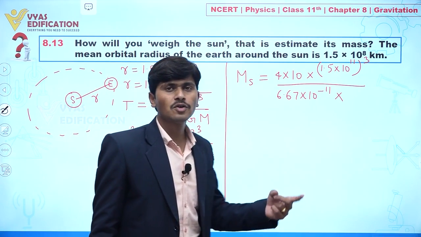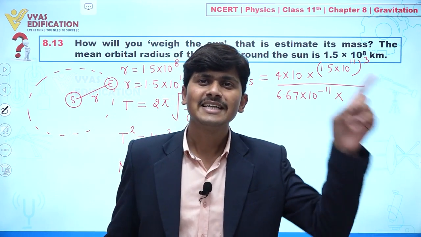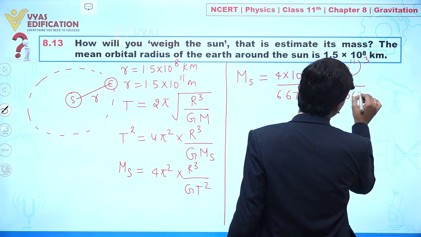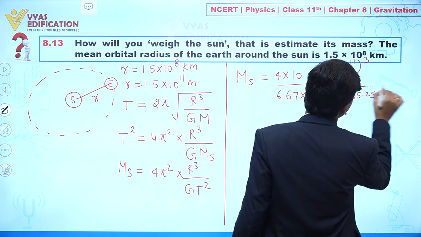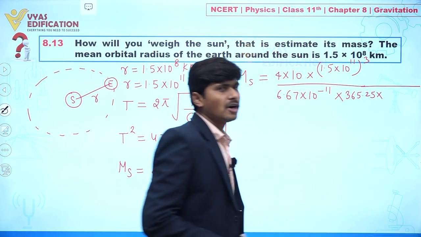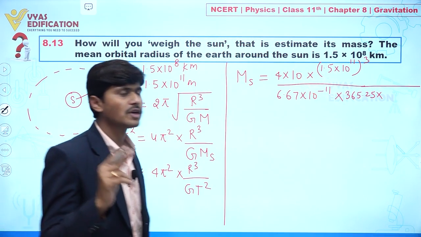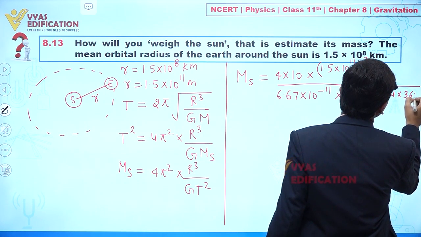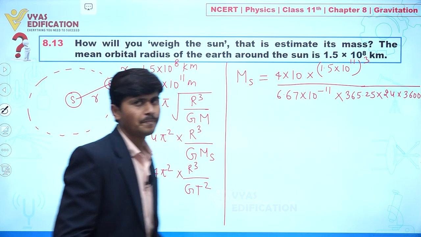Clear? Now we know earth revolves around the sun in 365.25 days. So we can write 365.25, this is the number of days. Now in one day we have 24 hours, and we multiply with 3600. Clear?